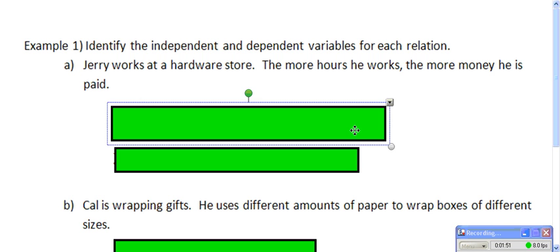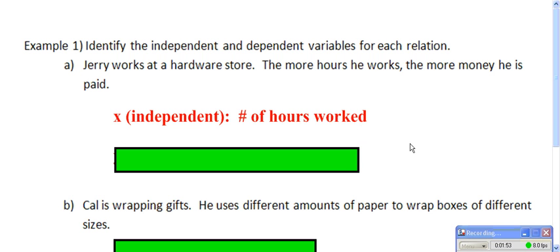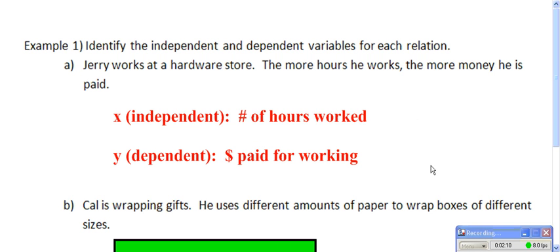So this would be your x value, independent variable, number of hours worked. Your dependent variable on your y-axis hinges on your independent variable. In this case, it would be the money he makes for the hours he works. So it would be y dependent, the money paid for working.